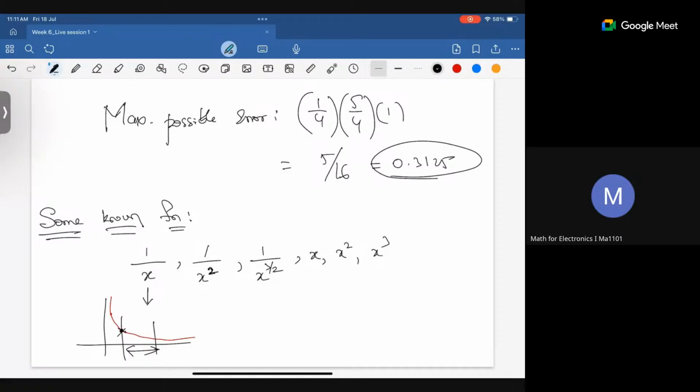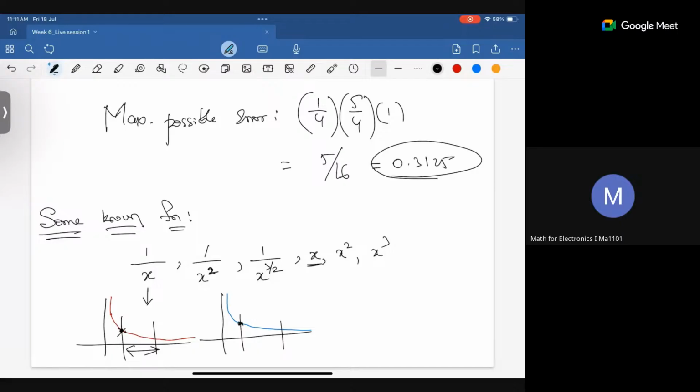How does this 1 by x square behave? It will also behave similarly. As x increases, the maximum value is at the leftmost point. Correct. So again, in any interval you choose, the leftmost point will have the maximum value.